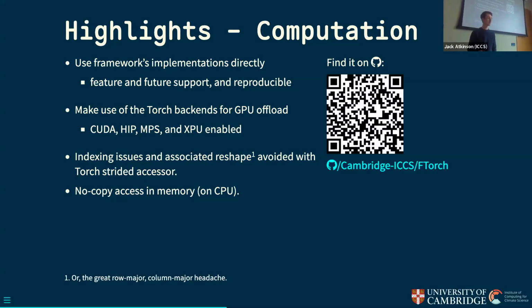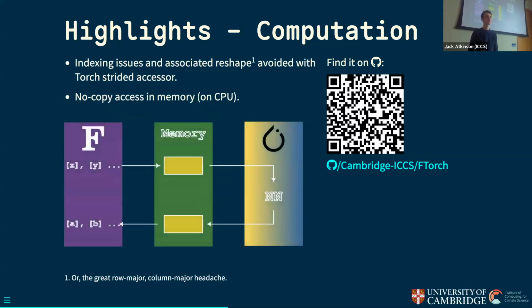There's also no-copy access in memory on the CPU. I'll show you what I mean in a diagram. Suppose you've got some Fortran arrays, X and Y, on the left there, and you want to do some computation using a neural network and then get out some other arrays, A and B. The way FTorch works is it has pointers that associate the Fortran arrays directly to the Torch data types.